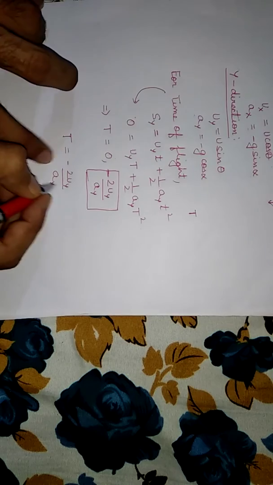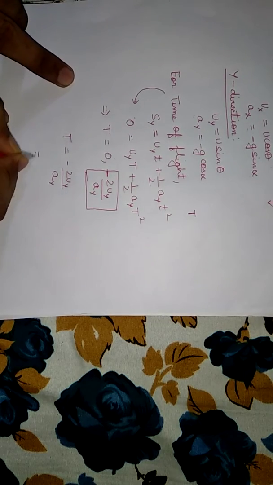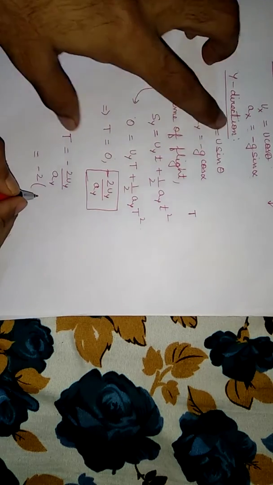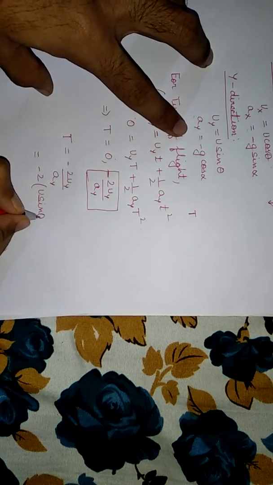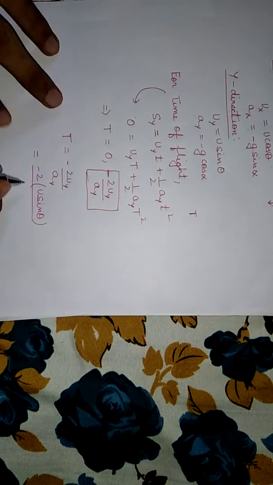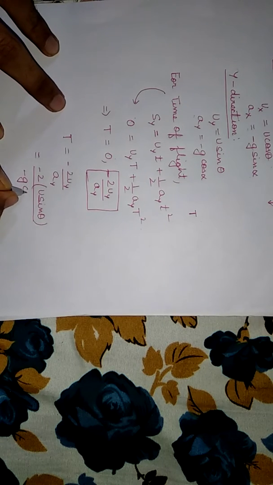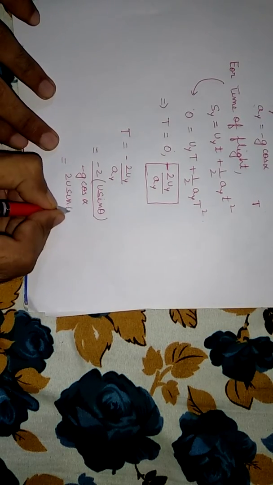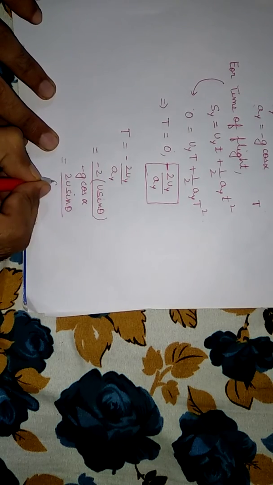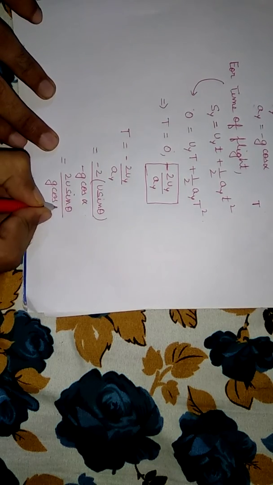You just put the values of uy and ay and see. uy is u sine theta, and ay is minus g cos alpha. So the time of flight comes out to be 2u sine theta by g cos alpha, right?